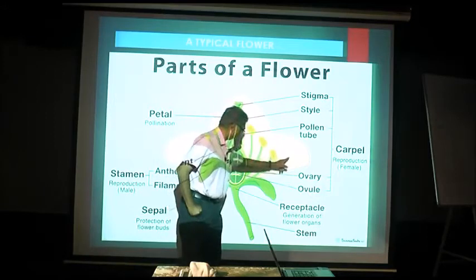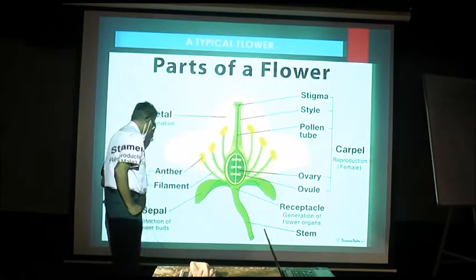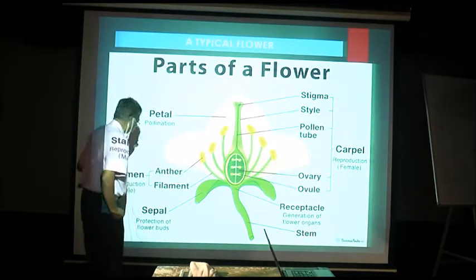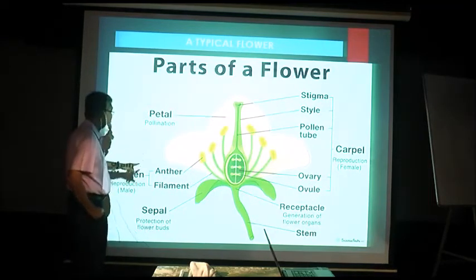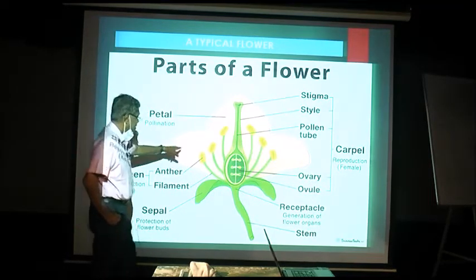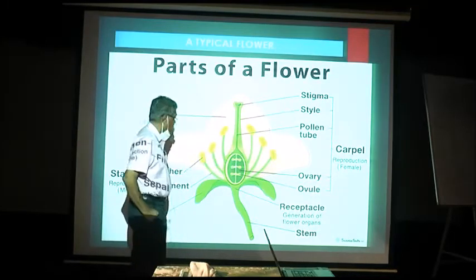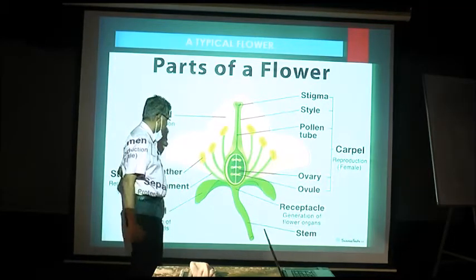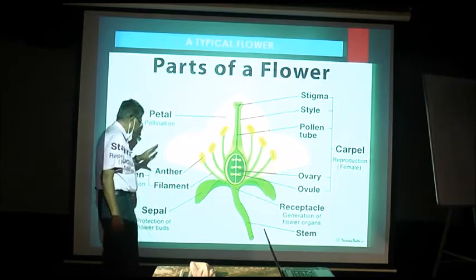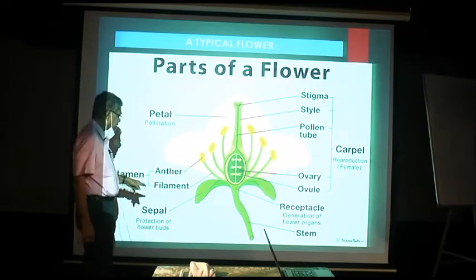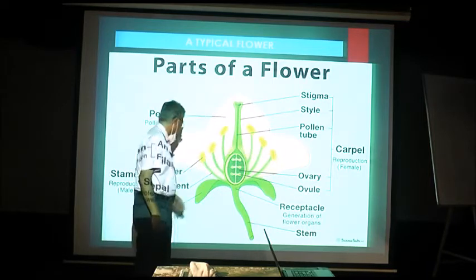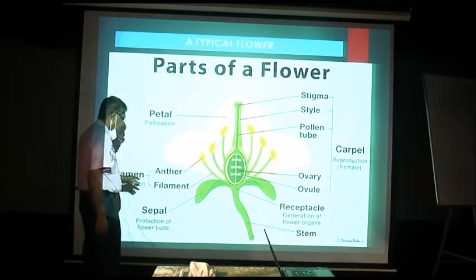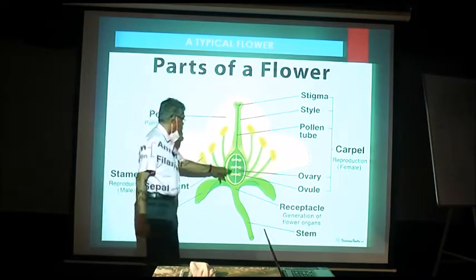There is the corolla, whose individual parts are petals, meant for pollination, attraction of insects. And there is the androecium, which is not written here. This male part is the androecium and the female part is the gynoecium.